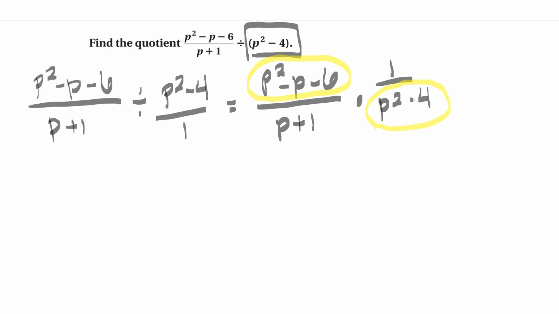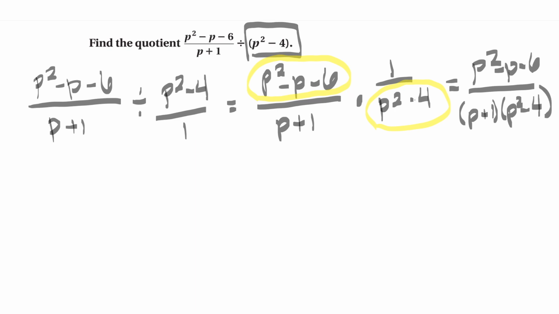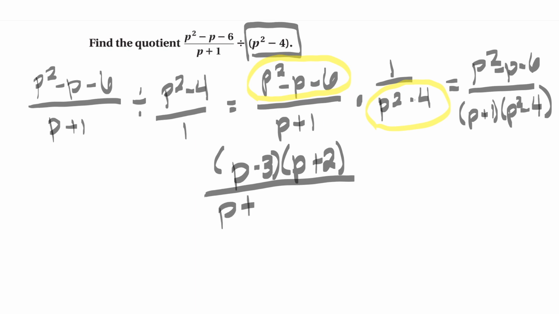So I'm going to do my multiplication first. So I have p squared minus p minus 6 over p plus 1 times p squared minus 4. Now I'm going to factor my trinomial. So this becomes p minus 3 times p plus 2 over p plus 1.